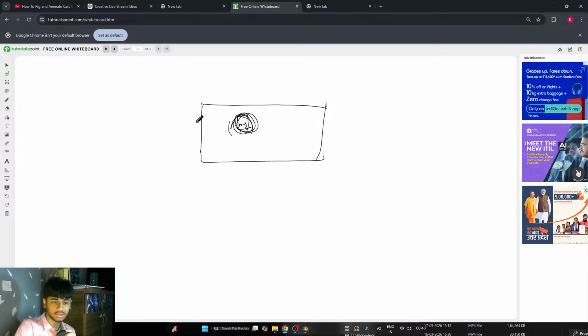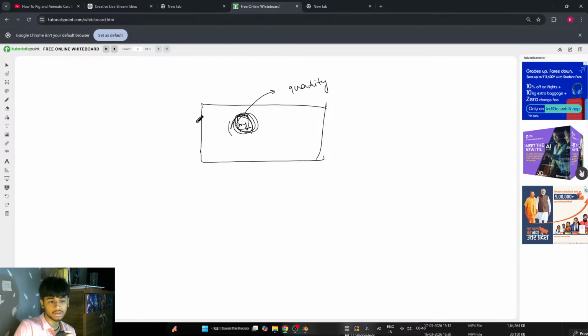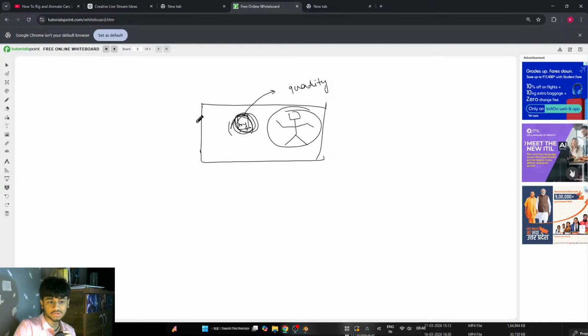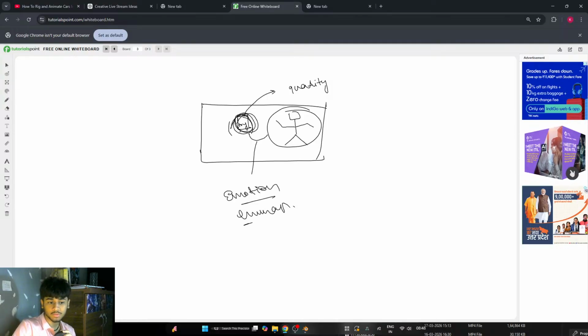What will they do? They will just showcase it. That's the type of quantity I'm talking about. But they want quality. They want to increase demand. So they will introduce a human. This is the human which is going to connect emotions with the human.